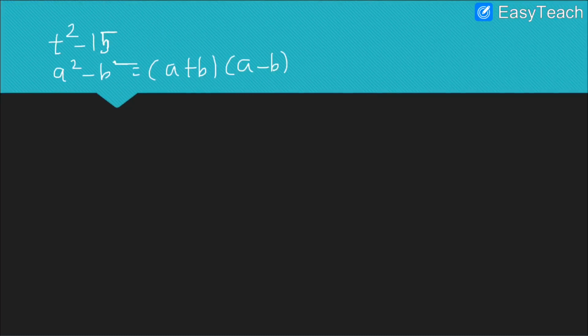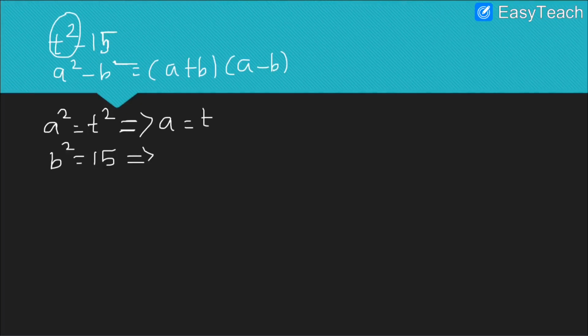To find a and b, for a square we have t square, and for b square we have 15. From a square we can write a equals t, and from b square we can write b equals root 15. I hope this is correct.